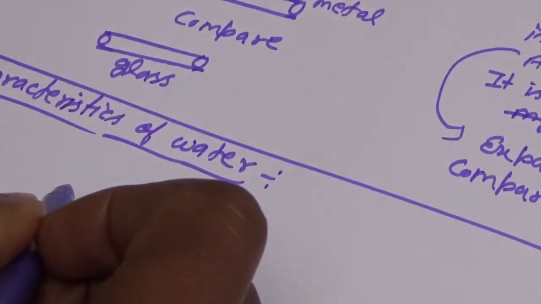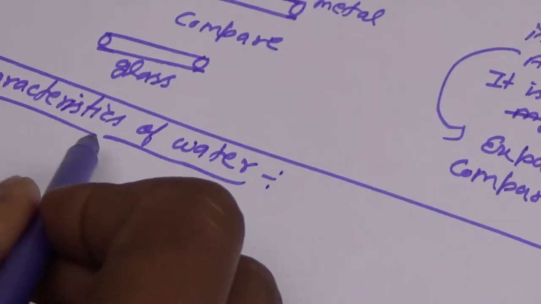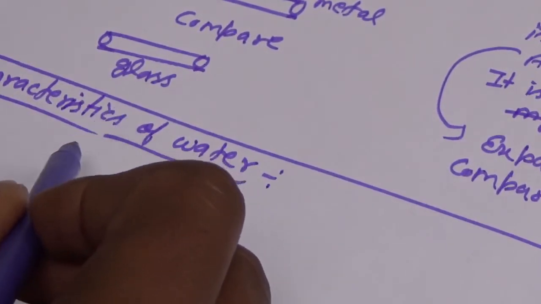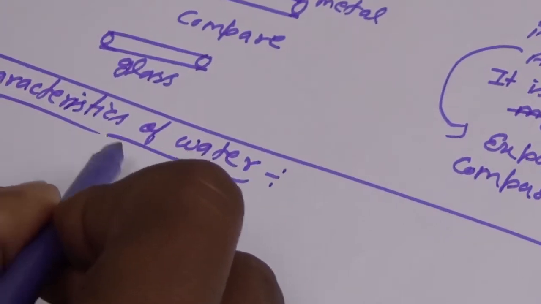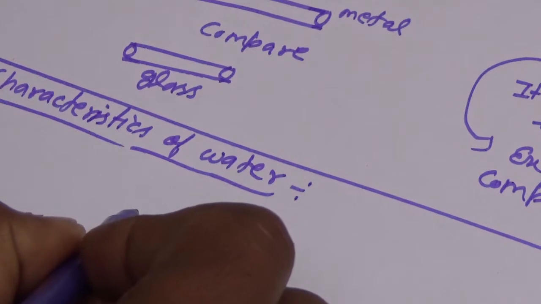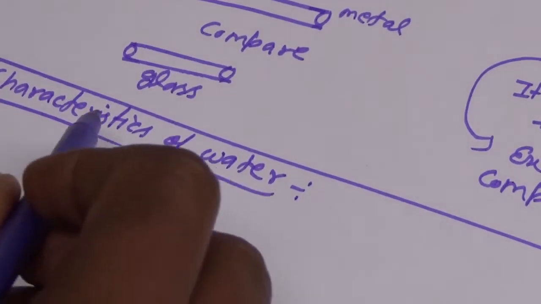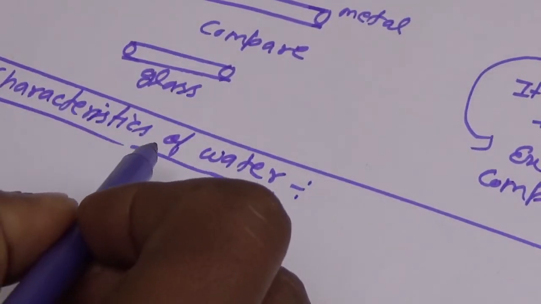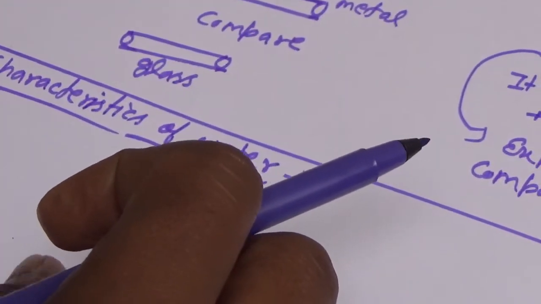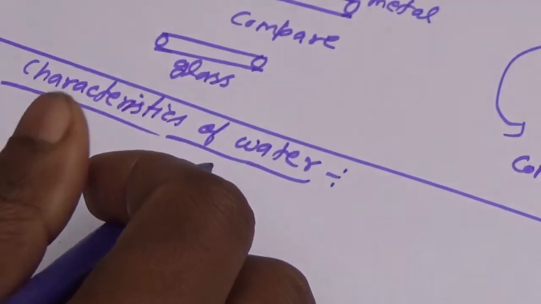So why are we saying it exhibits anomalous behavior? Students, anomalous means its behavior is not simple. So why is it not simple?